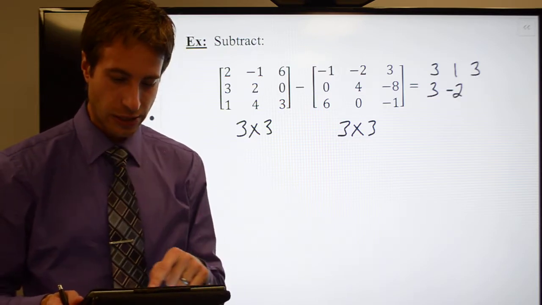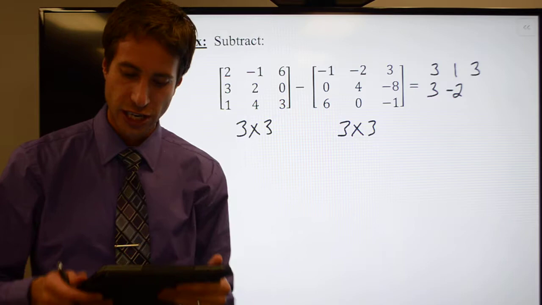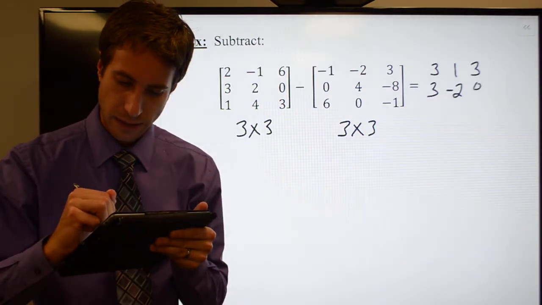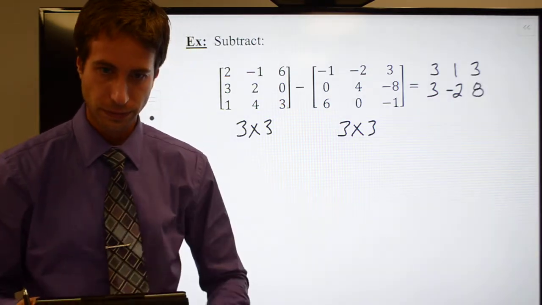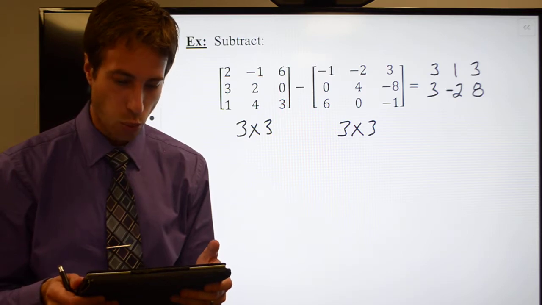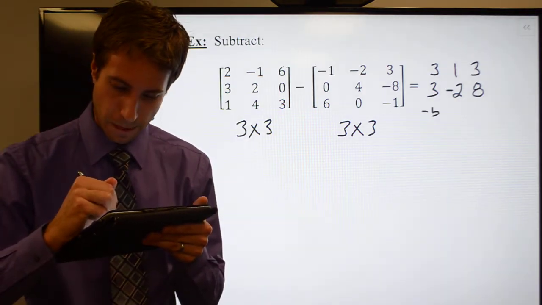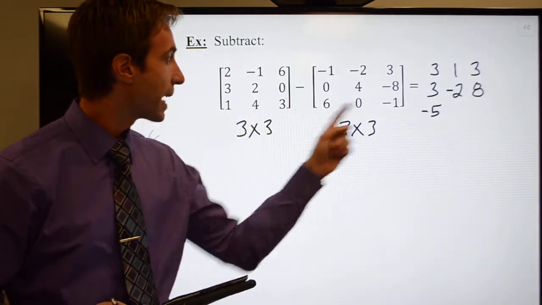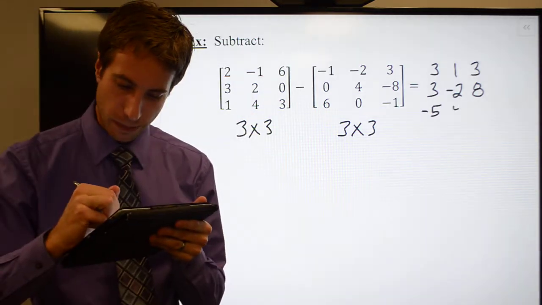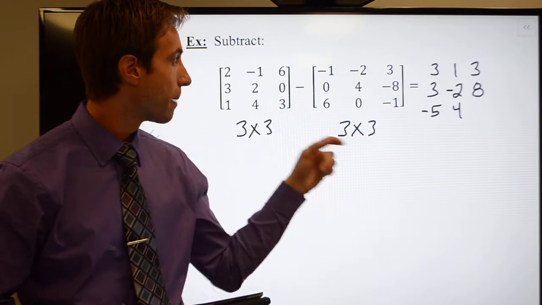Let's see here. I got 0 minus a negative 8. Add a line, change the sign. That's going to be a positive 8. Let's see here. I got 1 minus 6. Should be a minus 5. I got 4 minus 0. How about 4? And I've got 3 minus a negative 1.